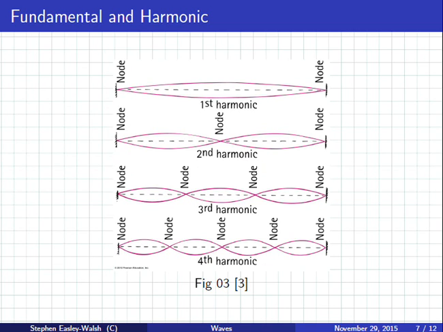Now, in fact, if you know the distance between the nodes and the antinodes, you can actually work out the wavelength. It's very easy. So let's imagine I have a standing wave. Here it is in red and blue. It's like this, and also like this, as it's vibrating up and down.